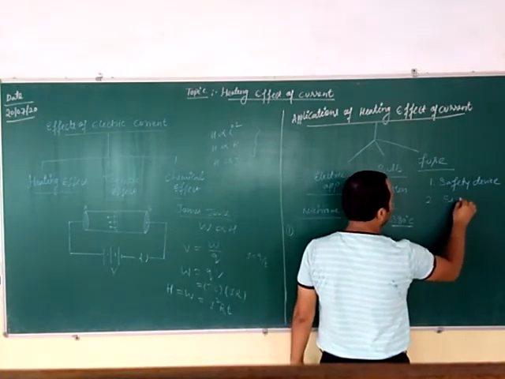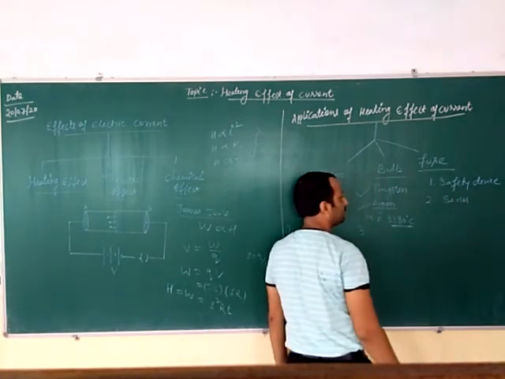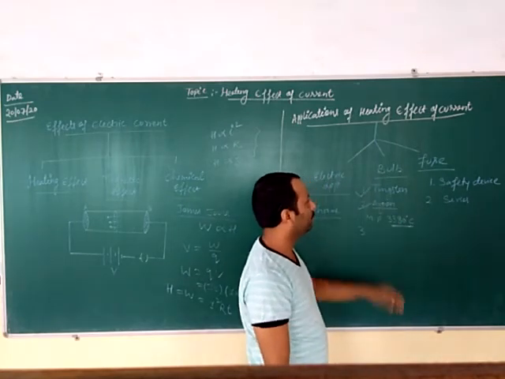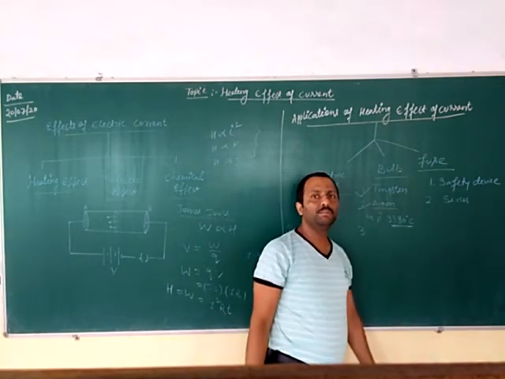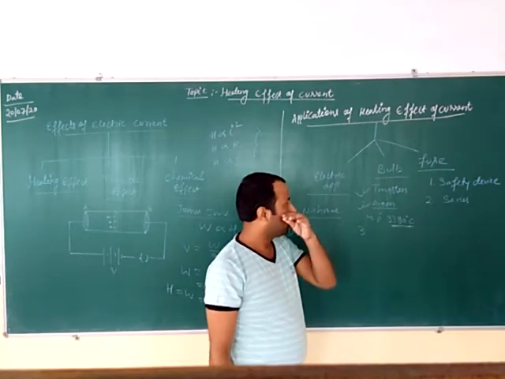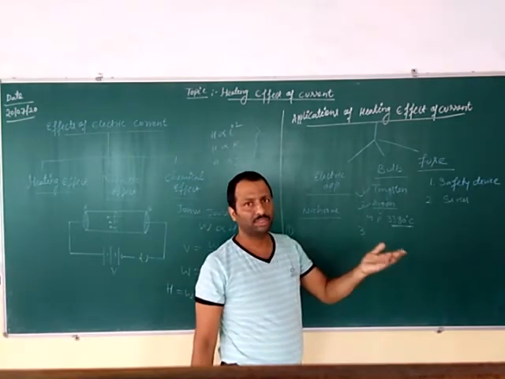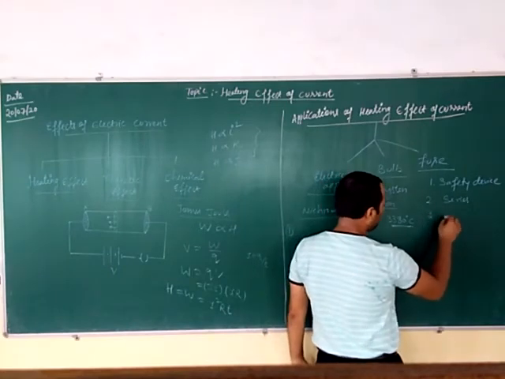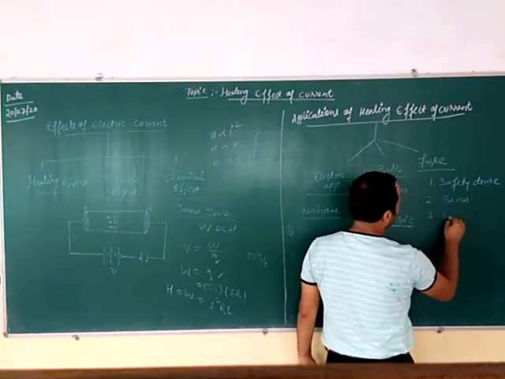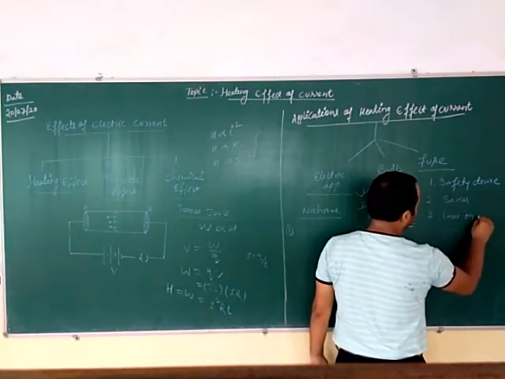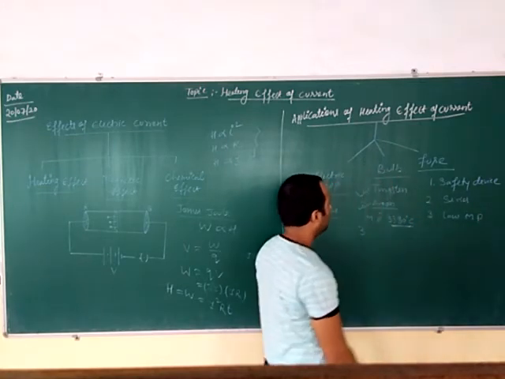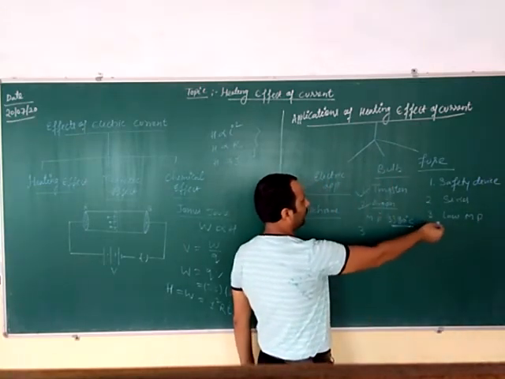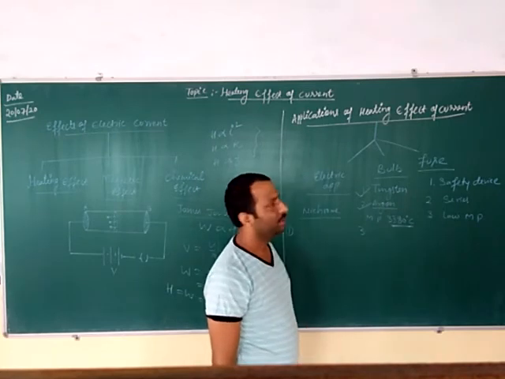Whenever a large current flows in the circuit, it will break and prevent the house from getting the extra amount of current. Thirdly, the fuse wire has low melting point, not high melting point.